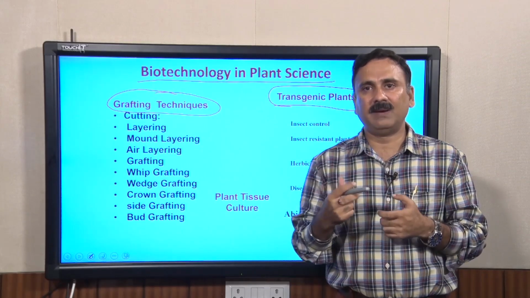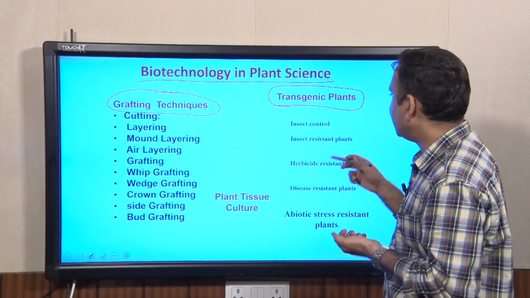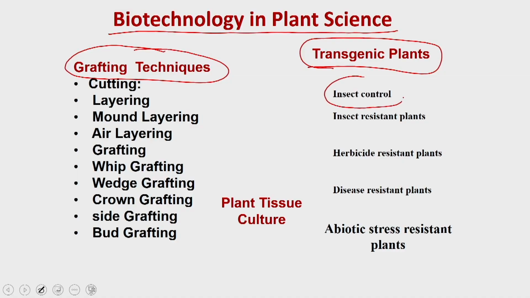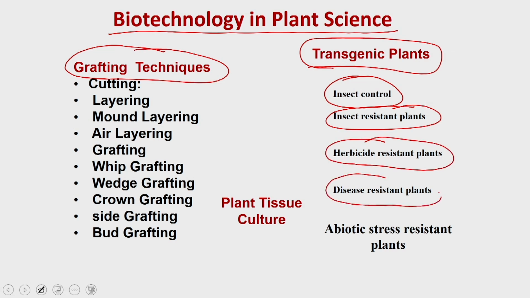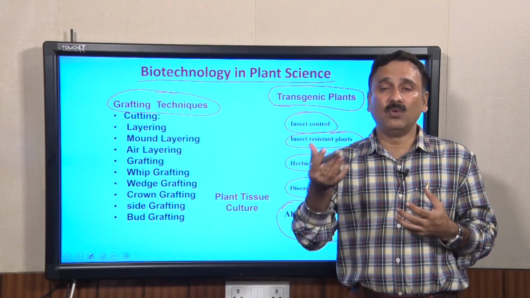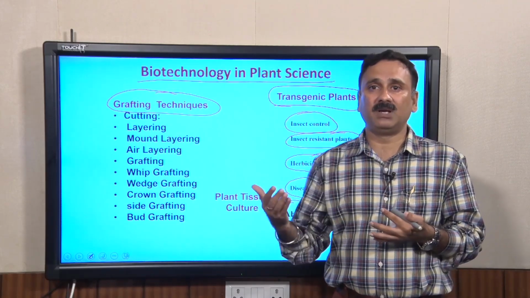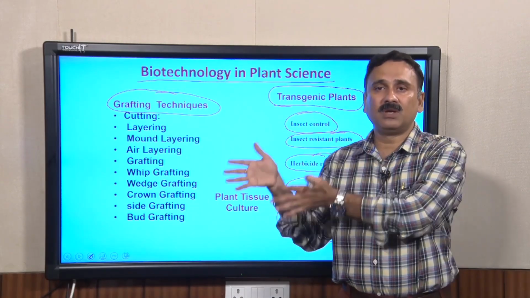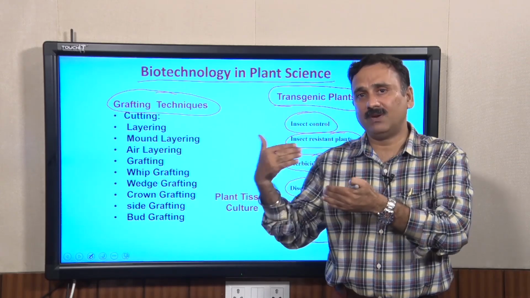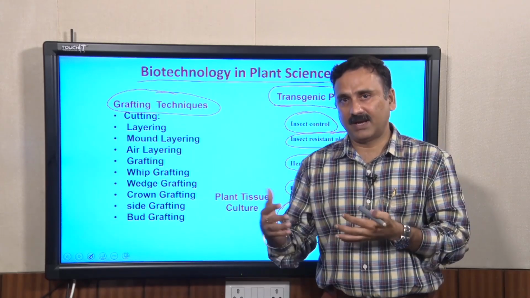But once the genomic era started, people started developing insect resistant plants, then herbicide resistant plants, then disease resistant plants, and ultimately abiotic and biotic stress tolerant plants, so that it will improve the overall yield of that plant and give you more food grains, which will help human society.